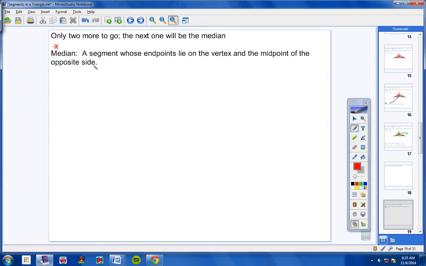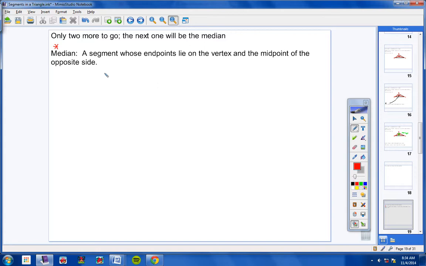Okay, so a median is a segment whose endpoints lie on the vertex, that's one end of the segment, and on the midpoint of the opposite side. Okay? So go ahead and take a second and copy that down in your notes, please. And then I'll give you a picture of it.